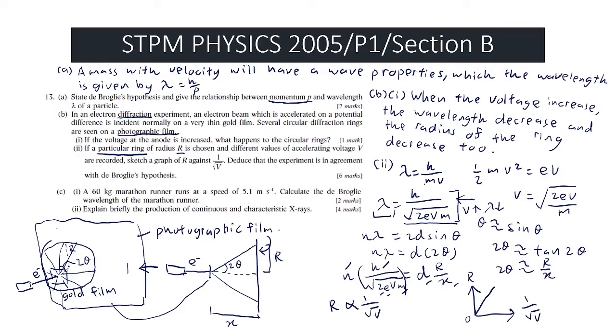Next, here we rewrite this voltage and this radius, and as you can see from this formula, the R decreases when the V increases. So in our case, the voltage increases, so the radius decreases. So this is consistent with the formula we derived here.